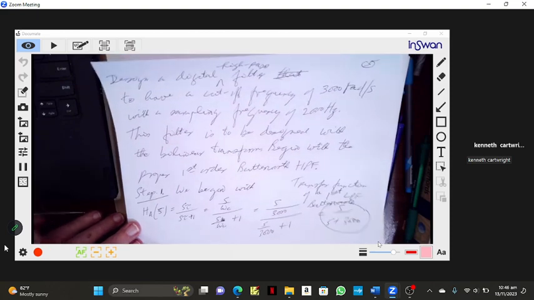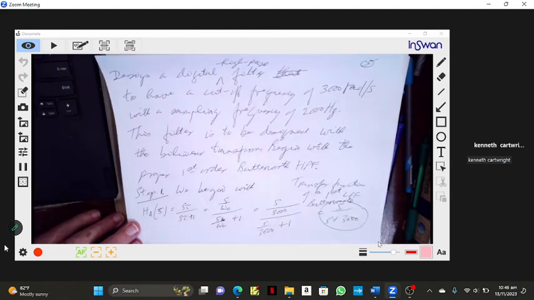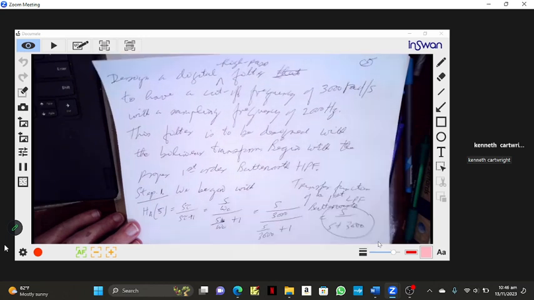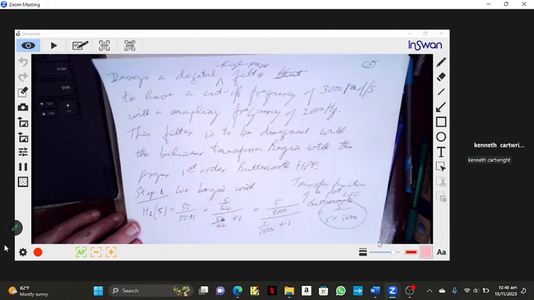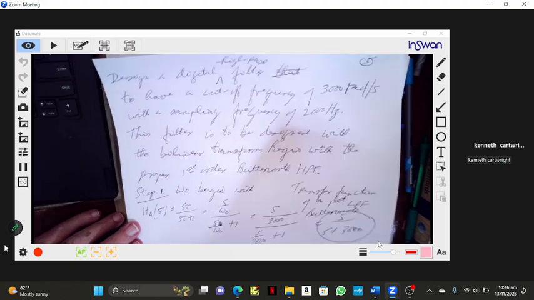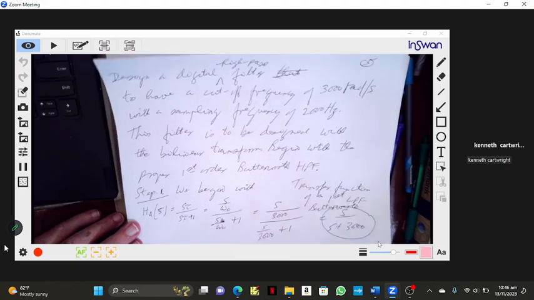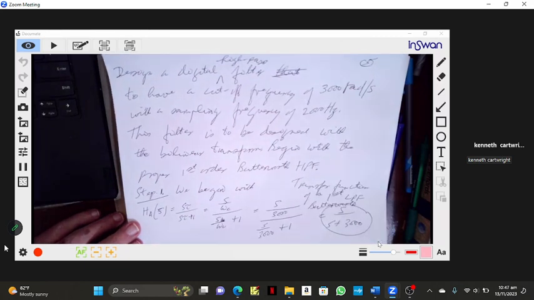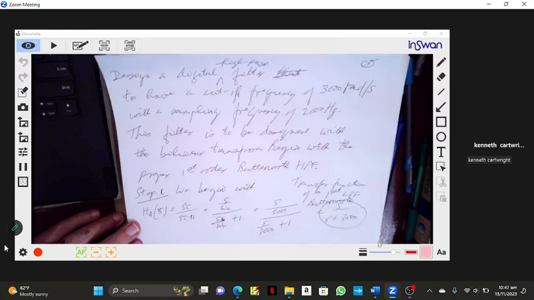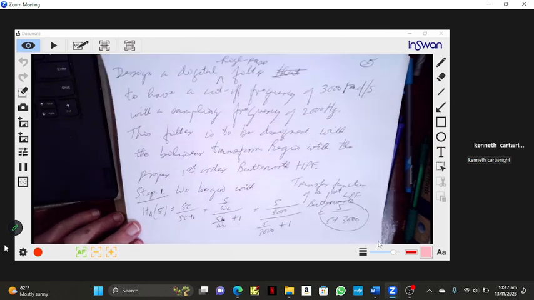So what's wrong with this transfer function? What's wrong with this transfer function?